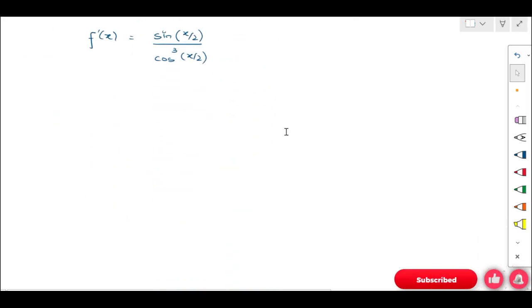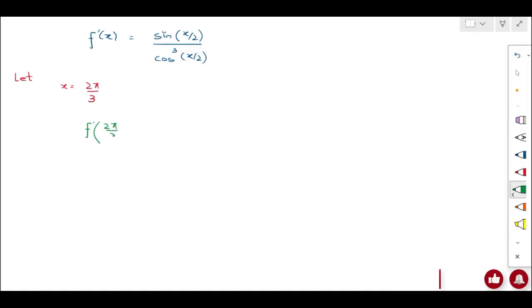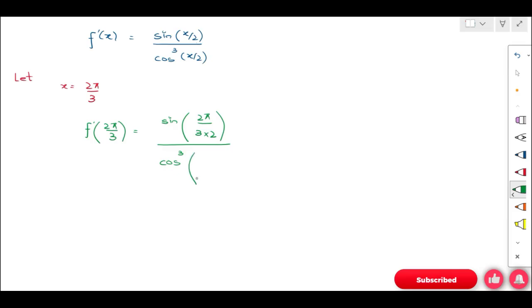Okay, now let me substitute the x value, which is 2 pi by 3. We need to find its exact value, right? So we can say let x is equals to 2 pi over 3. Okay, now f prime of 2 pi by 3, this is equals to sine 2 pi over 3 multiplied by 2, this 2 divides cos cube of 2 pi by 3, and this 2, oh sorry, times by 2.